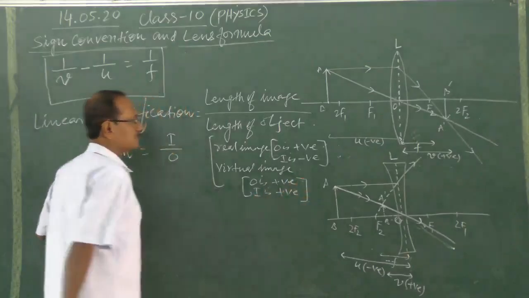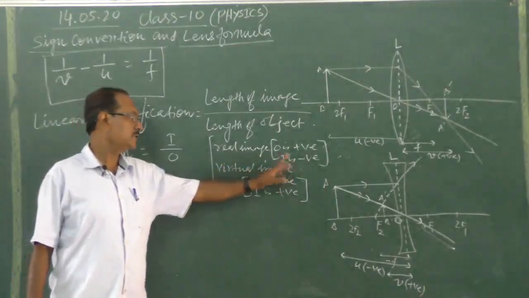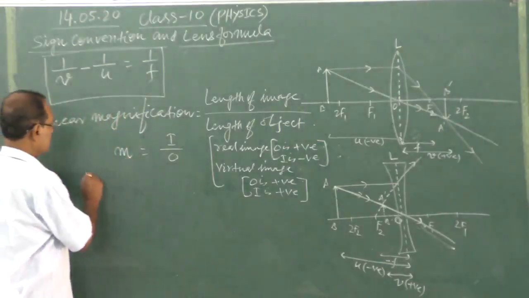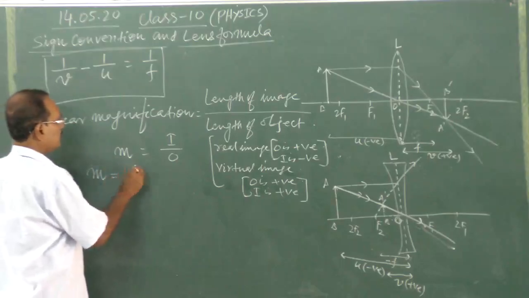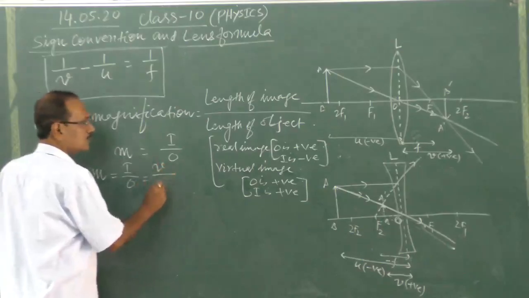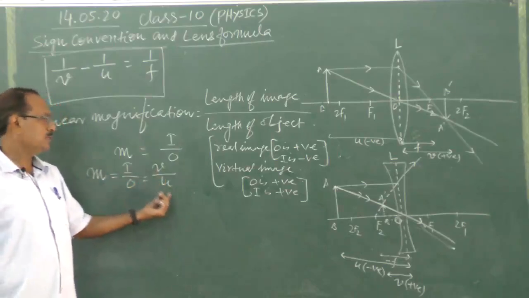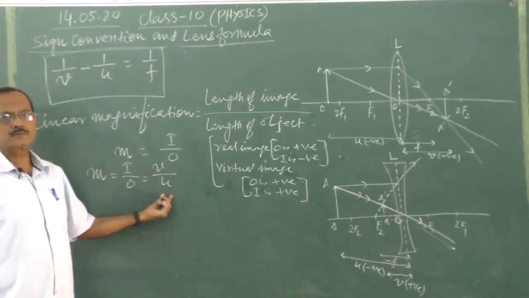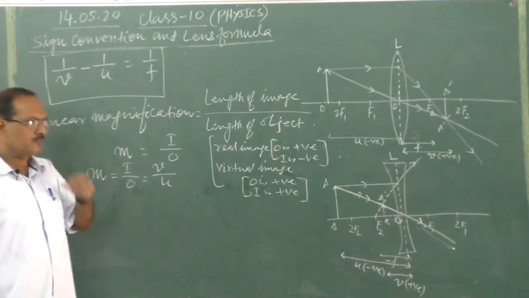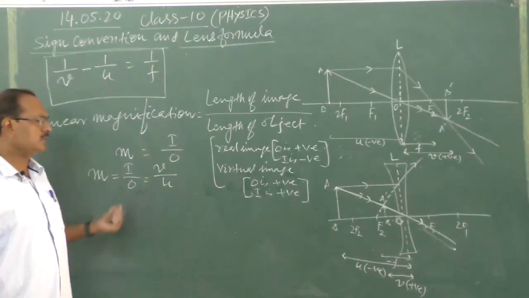Both are erect. Real image is inverted. Another formula is linear magnification equal to I by O, and that is also V by U, the distance of the image by the distance of the object. Again we can use the plus minus sign convention.